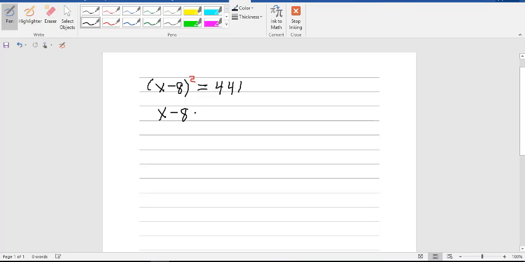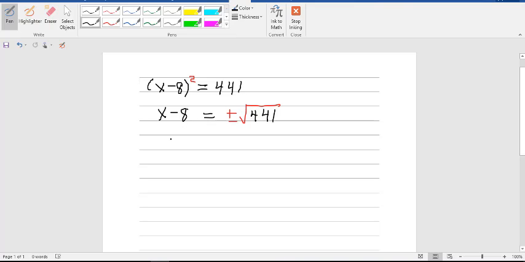So instead of having the square of x minus 8, I can just have x minus 8 if I apply plus or minus square root to this constant on the right side of the equation. So I'm not ready to do this until I have an isolated square of either a variable or an expression on one side of the equals and a constant on the other side.